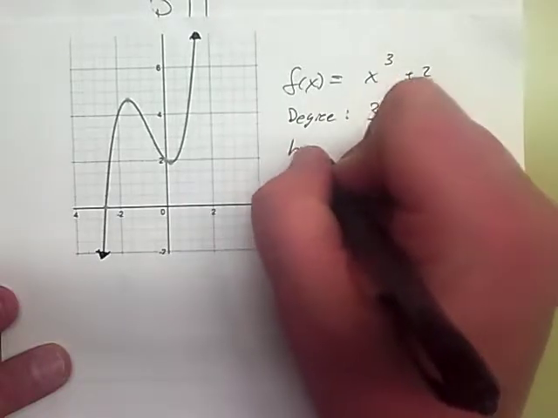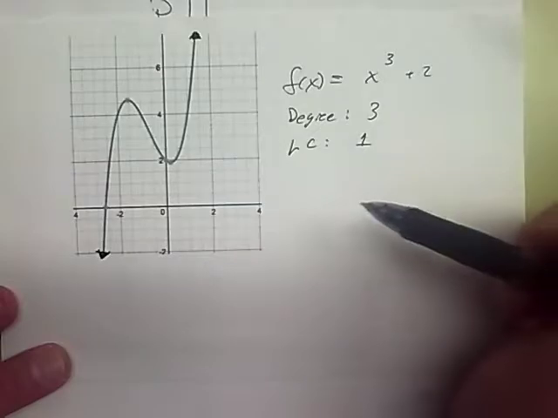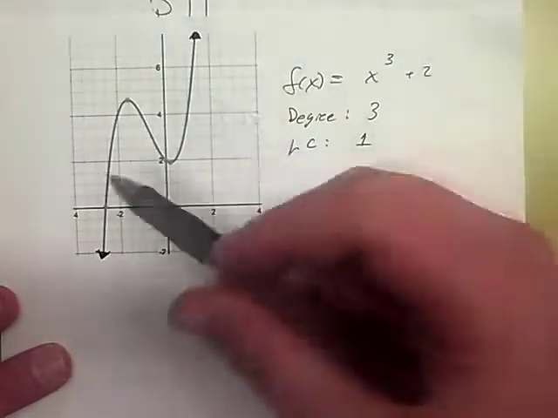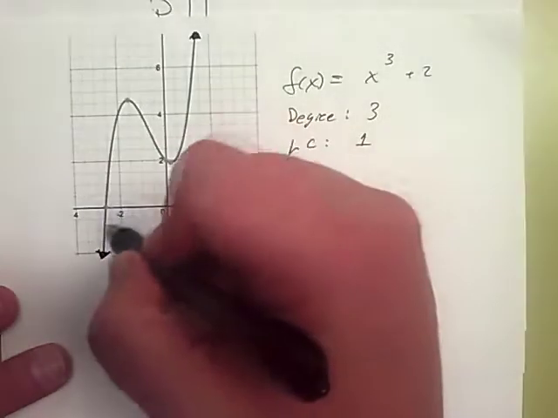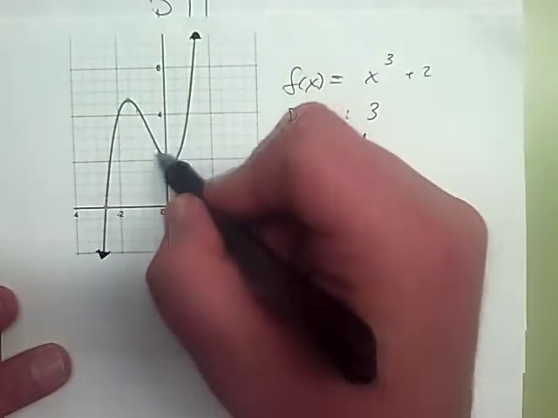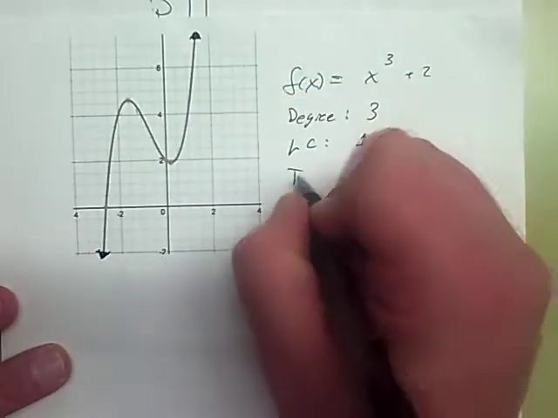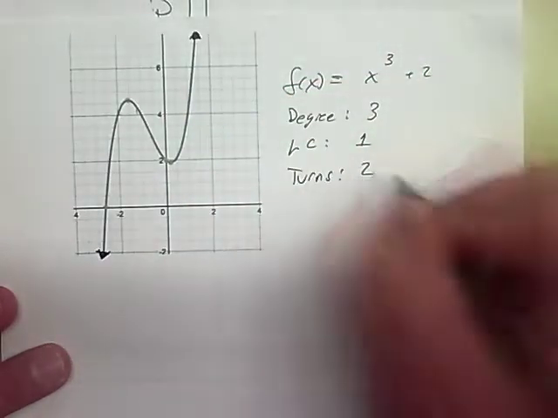The leading coefficient on this one is a positive 1. And the other thing I wanted to say about this one, let's take a look at the turns. Here I'm going up, up, up, and it takes a turn, starts going down, it takes a turn, and then it's going up, up, up. So this one has 2 turns.